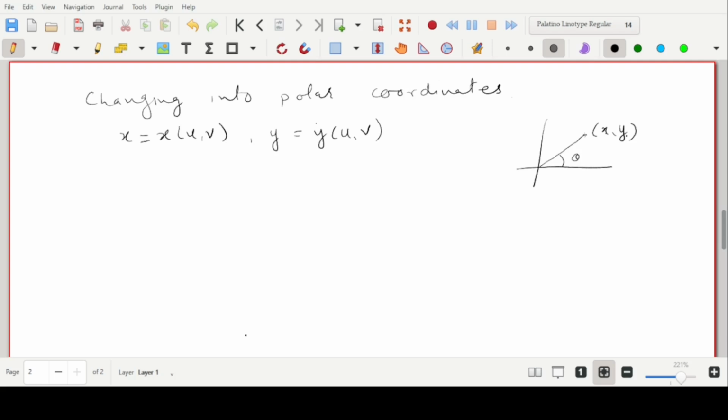Therefore, this new coordinate system in which we express every xy in terms of r theta is called the polar coordinate system. So here in the polar coordinate system, instead of some random u and v, we particularly stick to r comma theta.